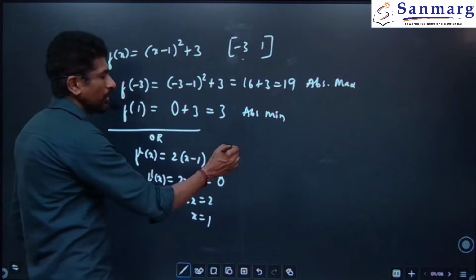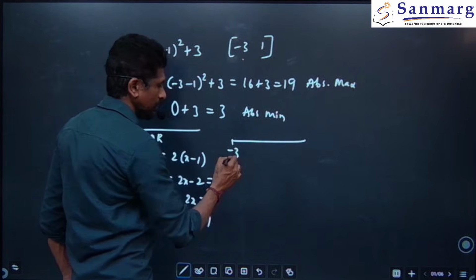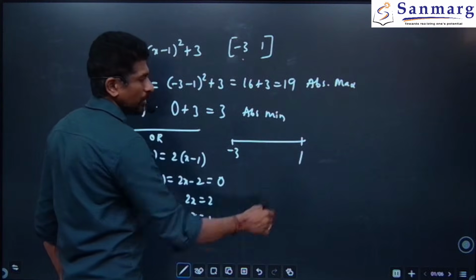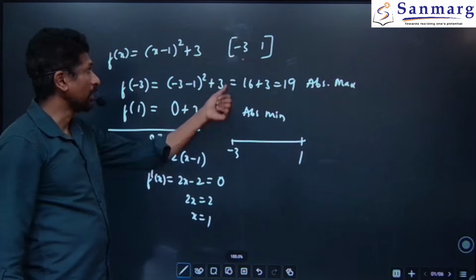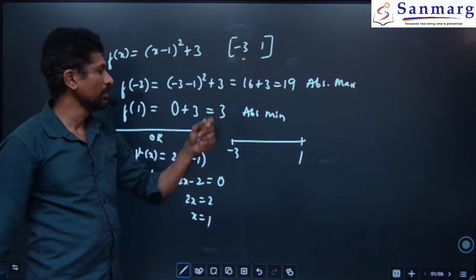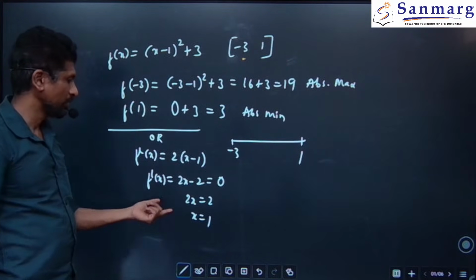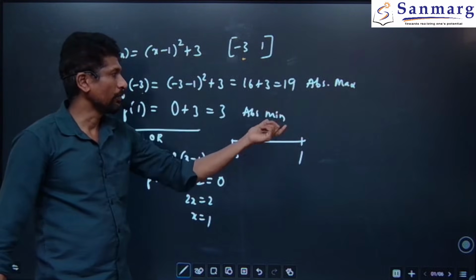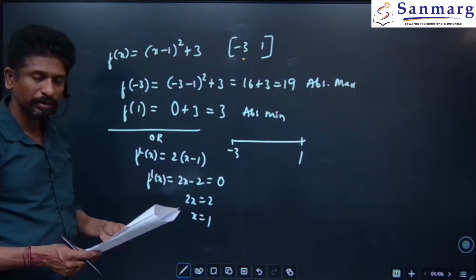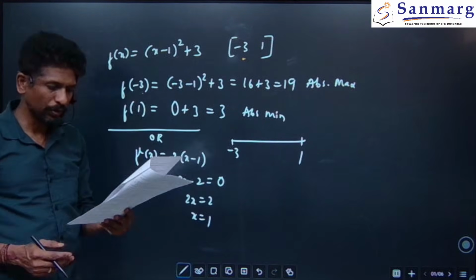So the first interval is minus 3, and the last one is also 1. So here there is no critical point. They have already given the interval minus 3 and 1. The same concept, after differentiation also the same interval you have to substitute here and get the answer. That value becomes the absolute maximum and absolute minimum value.